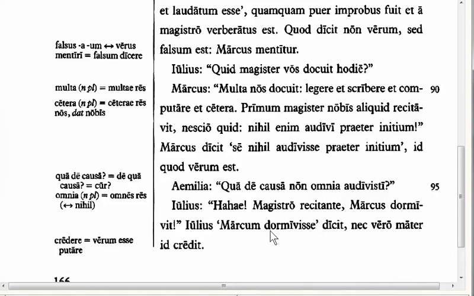If you were going to give the person, number, tense, mood, voice of dormivisse, or any infinitive, one characteristic of the infinitive is that it does not have person and number. It doesn't have its own person and number, so you wouldn't give a person and number for dormivisse.